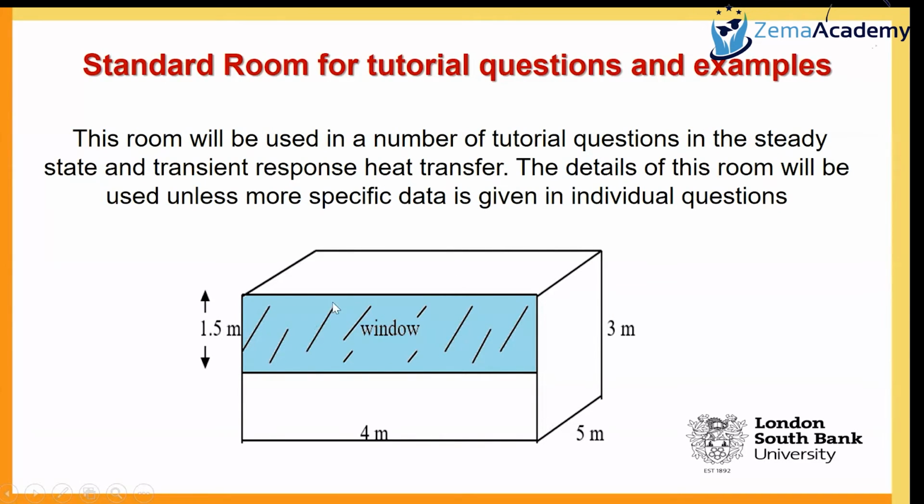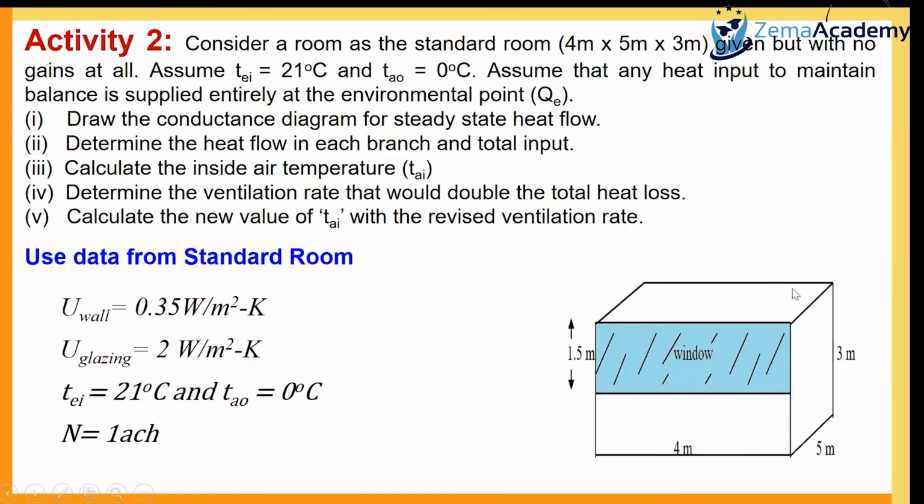I have already used this standard room in the first activity, by the way. So you will be doing your calculations based on this room and these dimensions, not only in heat loss calculation but also for the cooling load calculations.